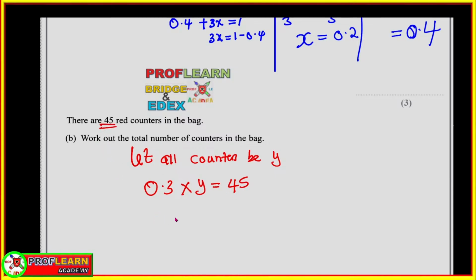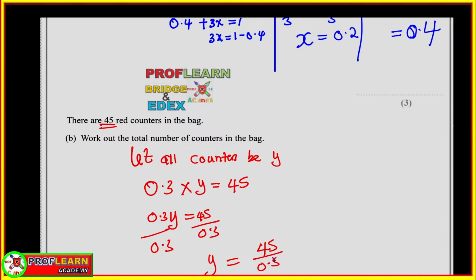So 0.3y is equal to 45. To get the total number of counters in the bag, it will be y is equal to 45 over 0.3.